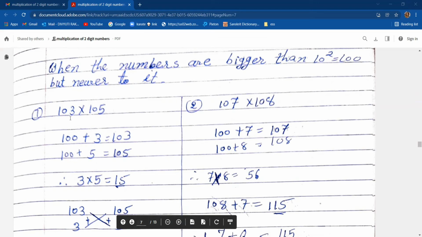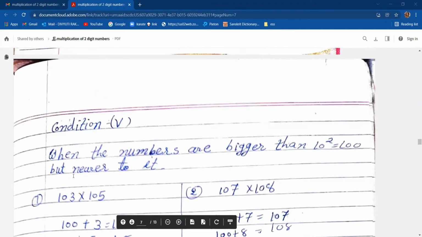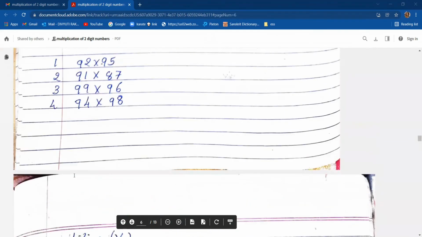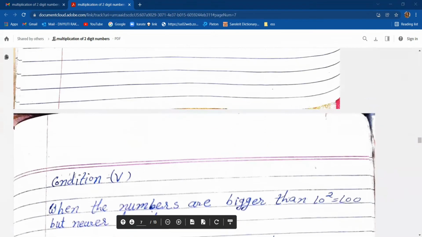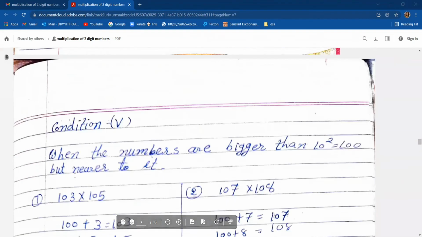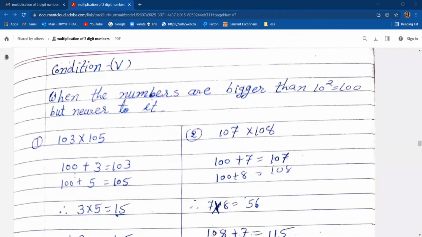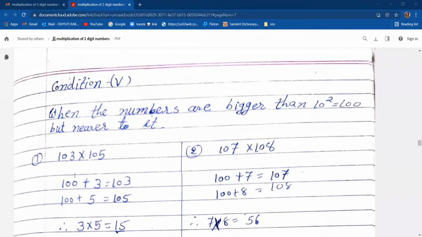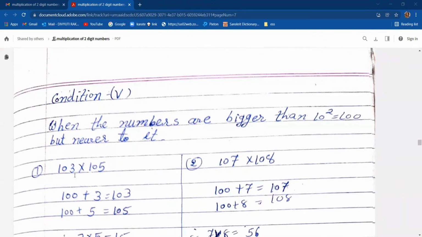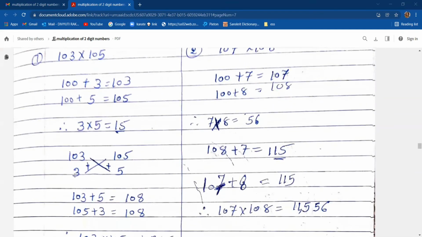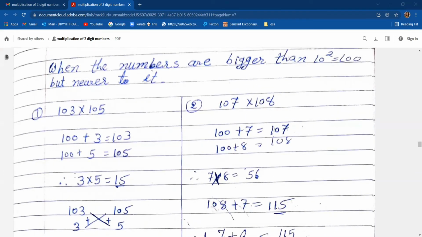I have taken it here because it is very crucial to explain what the difference is when the number is smaller than 100 or bigger than 100. So that's why I have considered 3-digit numbers here also.